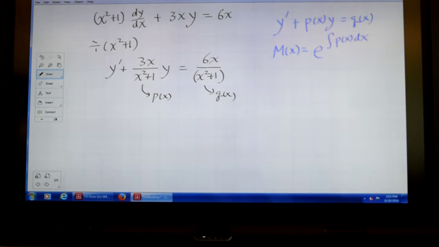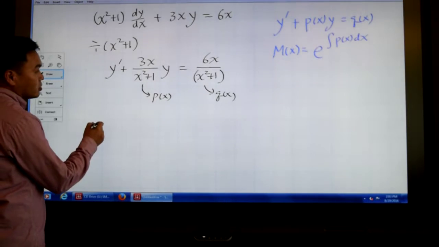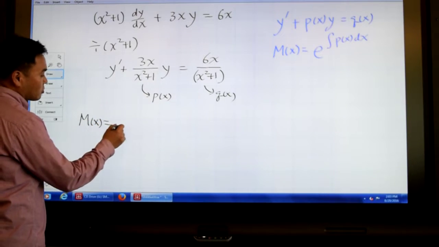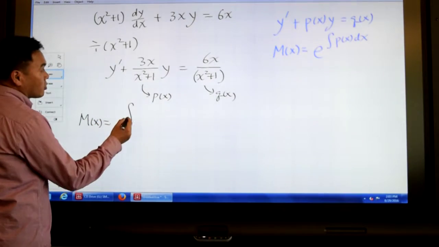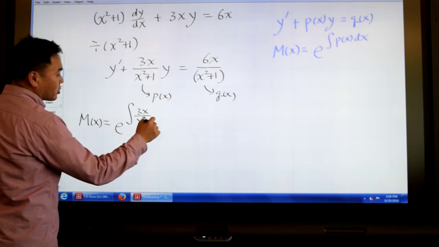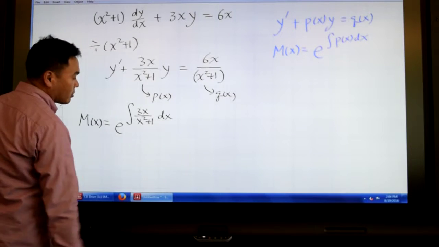Therefore, in order to find out the multiplier, we have to take e to the integral of 3x over x squared plus 1 dx.